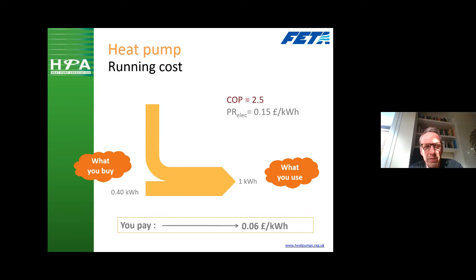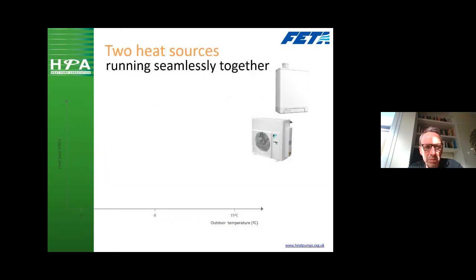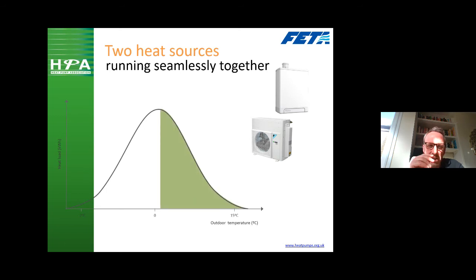And this is where a hybrid or a bivalent system works. So Sam can just click onto the next slide for me. And there's a couple of animations, Sam, so if you just click through them. So what you see here is a typical heat curve for a typical house in the UK. So how the hybrid or bivalent system works is that at the higher ambient conditions, when the heat pump is at its most efficient, we will just run the heat pump because it's probably more cost effective, both in terms of running costs and carbon.